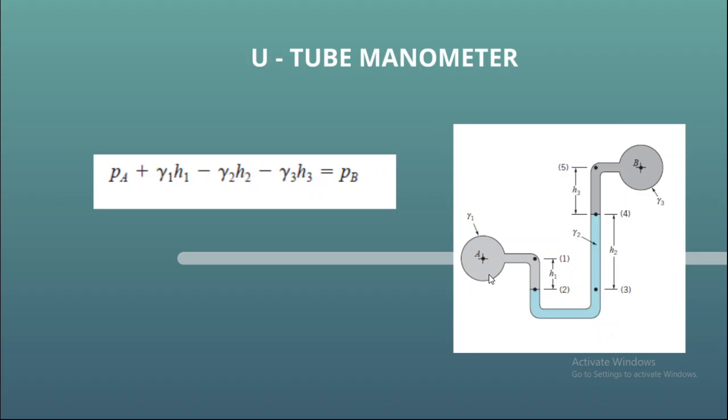So we start from PA and add the distance covered by fluid A, height A. This pressure will equal the specific weight of fluid 1 times height 1.